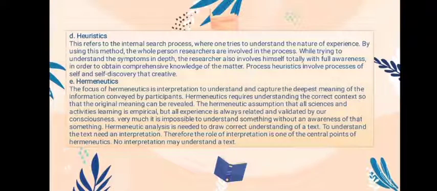The focus of hermeneutics is interpretation to understand and capture the deepest meaning of the information conveyed by participants. Hermeneutics requires understanding the correct context so that the original meaning can be revealed.